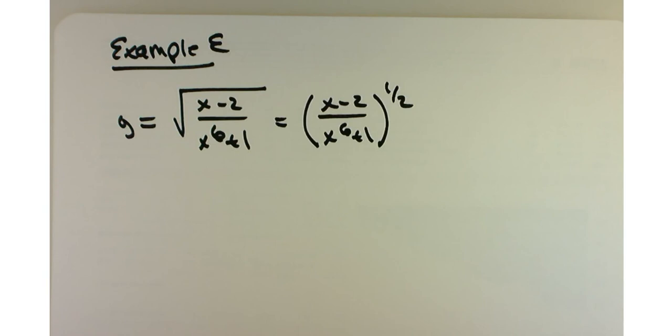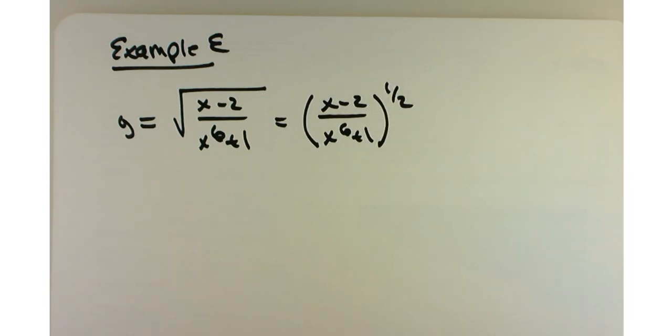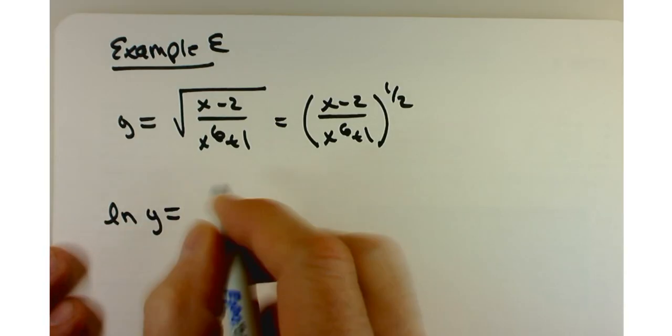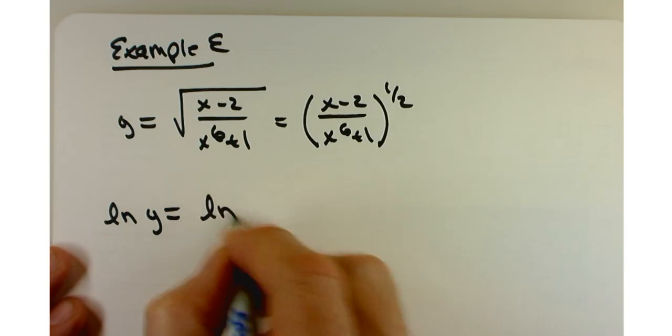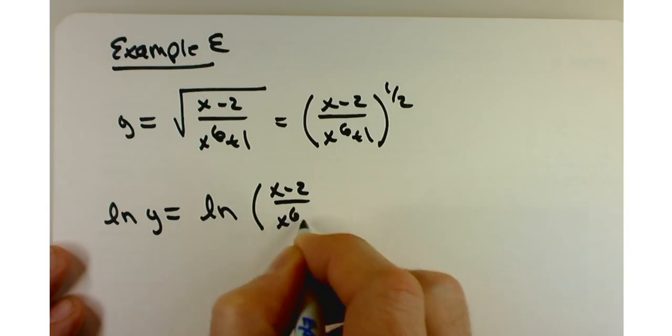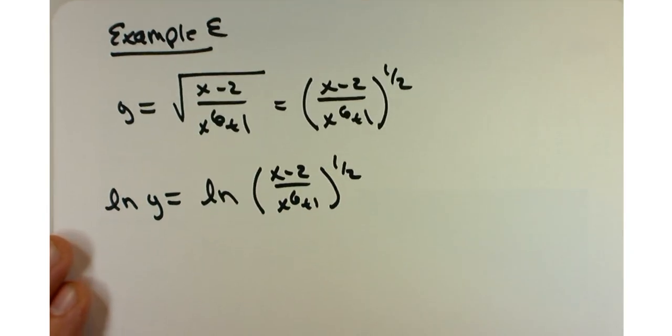And because you've got an exponent and a quotient, those things are amenable to the rules for logarithms. So I'm going to take the natural log on both sides. ln of x minus 2 over x to the 6 plus 1, raised to the 1/2 power.